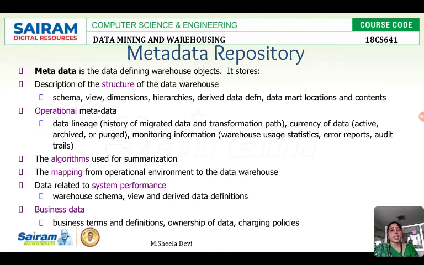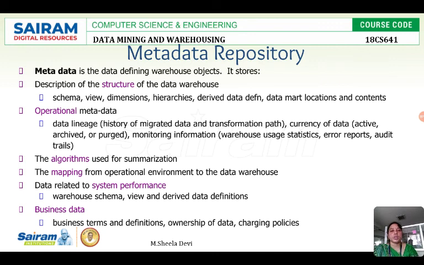Next, what type of algorithm is used for summarization in the data warehouse is also given by our metadata repository. The fourth is the mapping from the operational environment to the data warehouse, how we have mapped the data. That information is given, and data related to system performance.